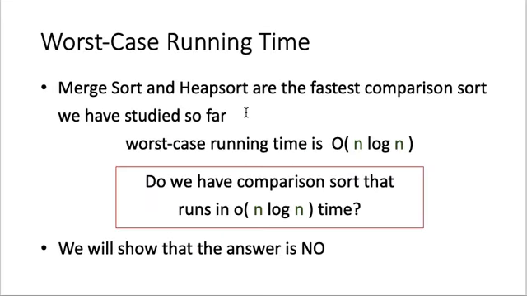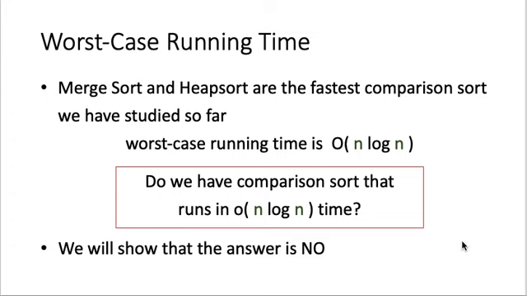Now, merge sort and heap sort are the fastest comparison sorts we have studied so far. The worst case running time is big O of n log n. And we may wonder, do we have comparison sorts that run in little o of n log n time?